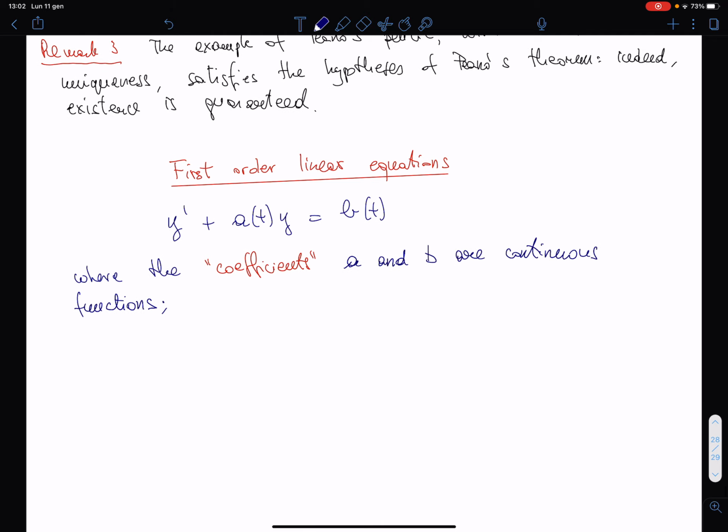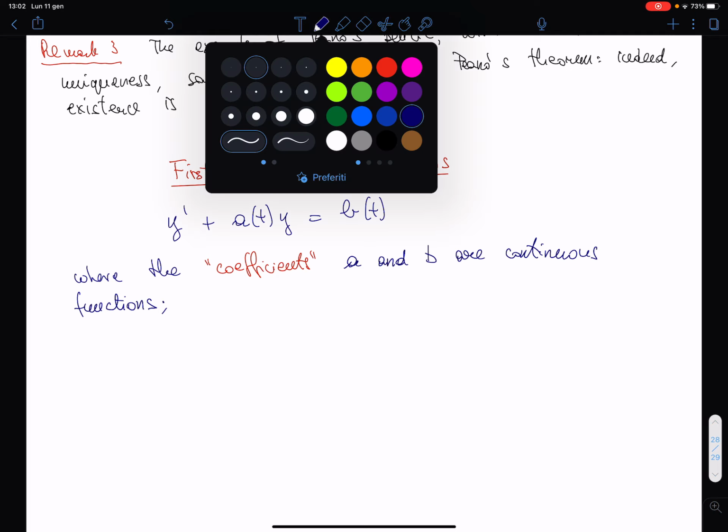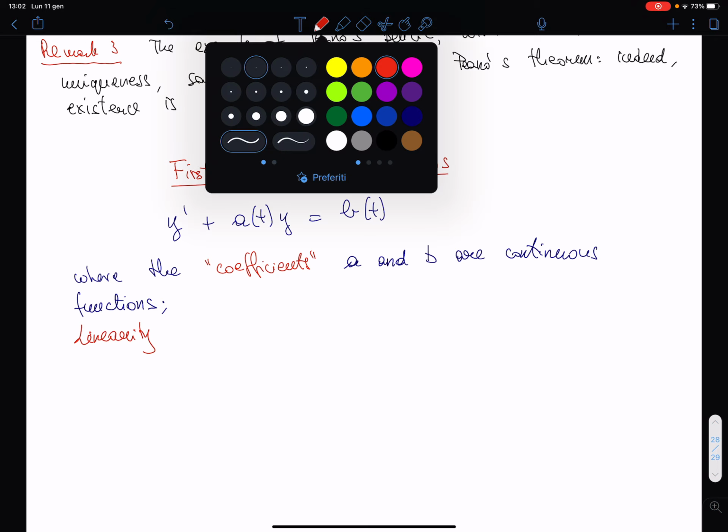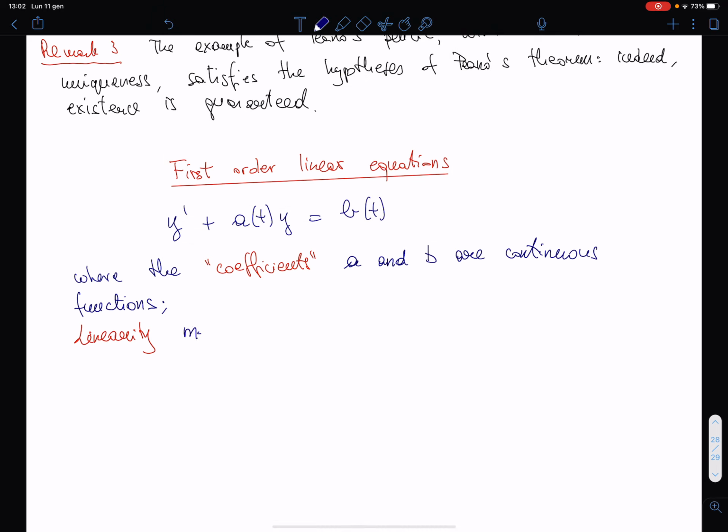Moreover, linearity here means that y and y prime appear just multiplied by a function.